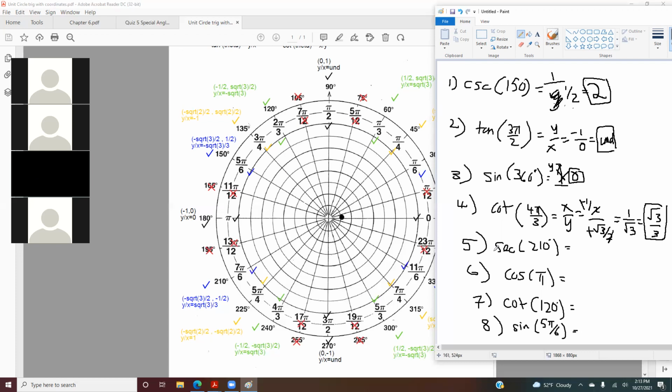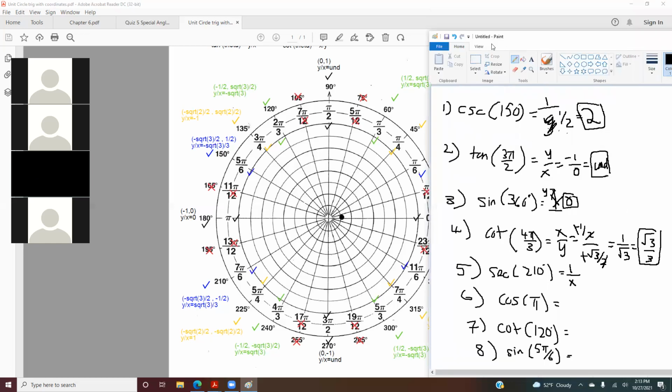I didn't get you, Nukin. Hello. I can hear you now. Okay. It says 1 over the negative square root of... X or Y? It's x, so it's 1 over x, right? Yep. Secant is 1 over X, cosecant is 1 over Y. And what is X in this? Nukin. The negative square root of 3 over 2.